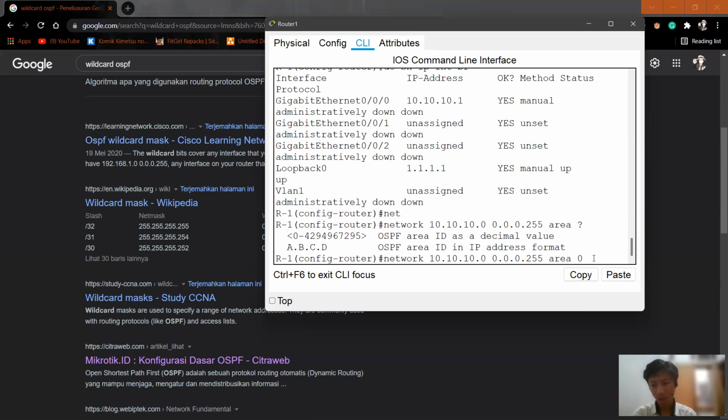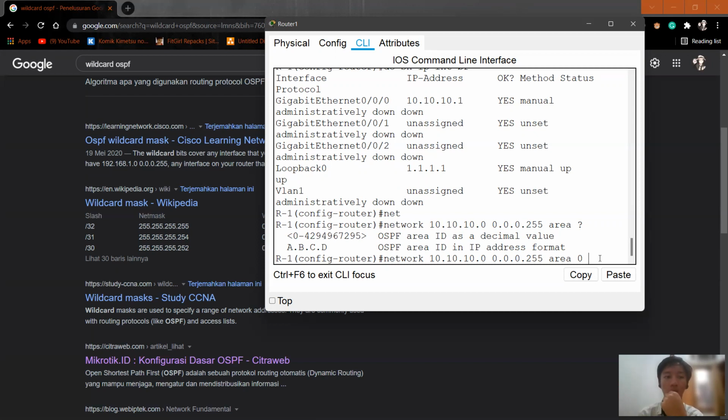So if we have area 1, area 2, area 3, area 4, and more, the areas must be connected logically to area 0. But this time I want to explain OSPF in another video.